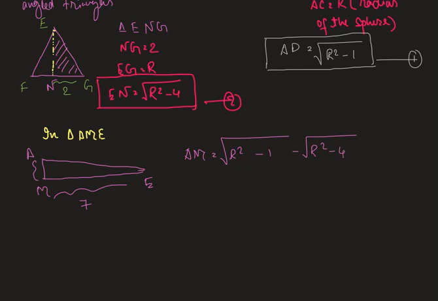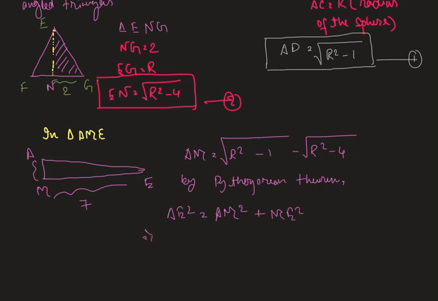Hence, by the Pythagorean theorem, we can say that hypotenuse square is equal to height square plus base square.